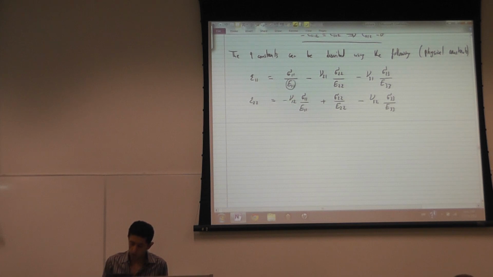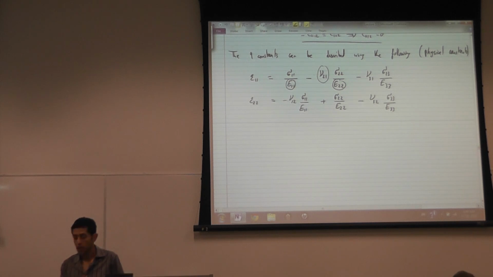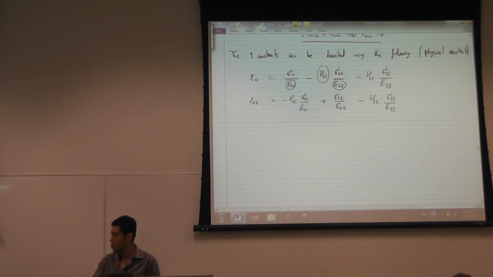Where this is the Young's modulus in the direction 1. This is the Young's modulus in the direction 2. This tells me the ratio of the strain in 1 when I pull in the direction 2. This tells me the ratio of the strain in the direction 1 with respect to the strain in the direction 3 when I pull in the direction 3.